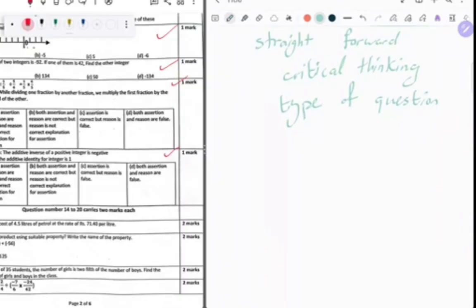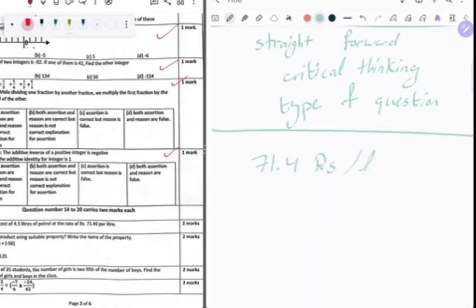Now, when I'm speaking about critical thinking, I need to explain: when he is telling me that this one costs 71.4 rupees per liter, I can immediately, without a second thought, say, oh okay, this is the price per liter.